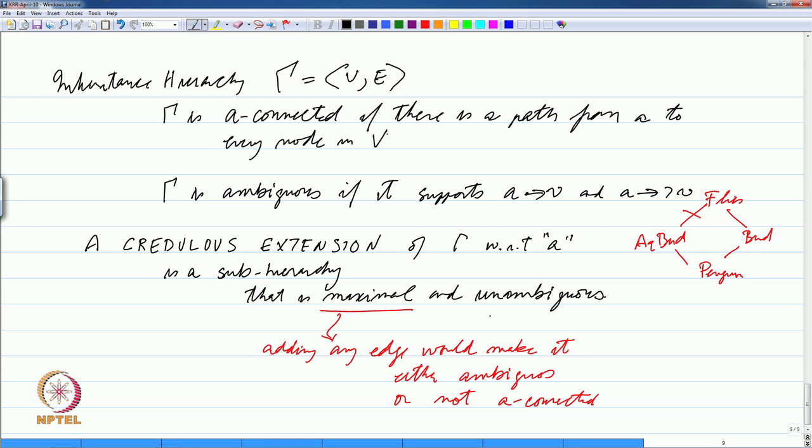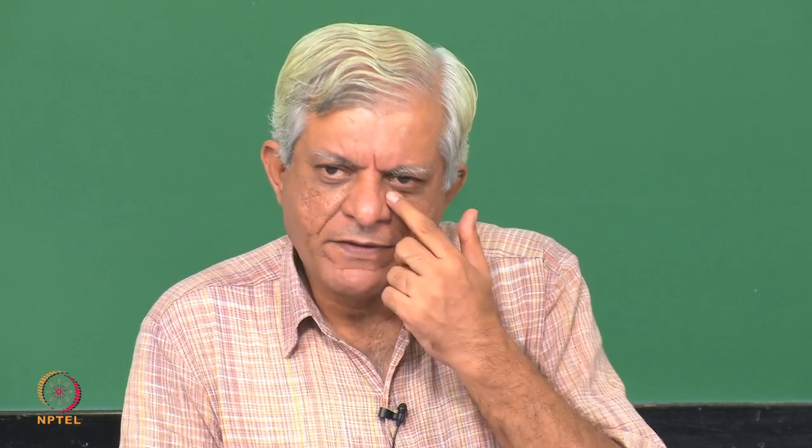So, that is maximal, unambiguous and A connected. So, we are interested in a sub graph or a sub hierarchy which is unambiguous, which means it does not support conflicting conclusions, which is A connected, which means that everything in that sub graph is something that you are going to be willing to believe about A, and it is maximal in the sense that you cannot add anything else to that essentially.